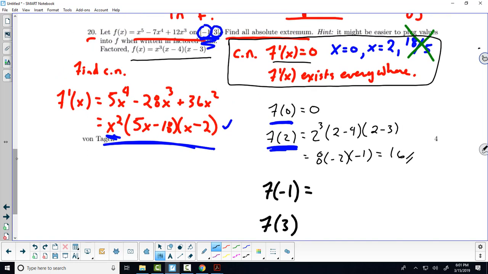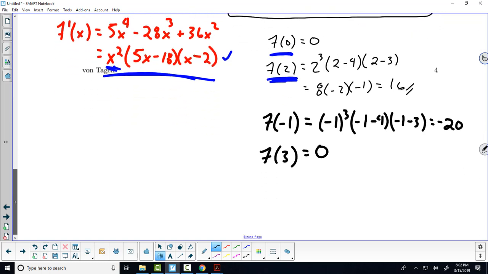So if I plug -1 into the function, we'd have -1 cubed times negative 1 minus 4 times negative 1 minus 3. If we simplify that, that would be a negative, and that would be negative 5, and times negative 4, so it's positive 20, but times the other negative gives us negative 20. And luckily this one's a little bit easier. If I plug a 3 into the function, because of that factor, we get 0.